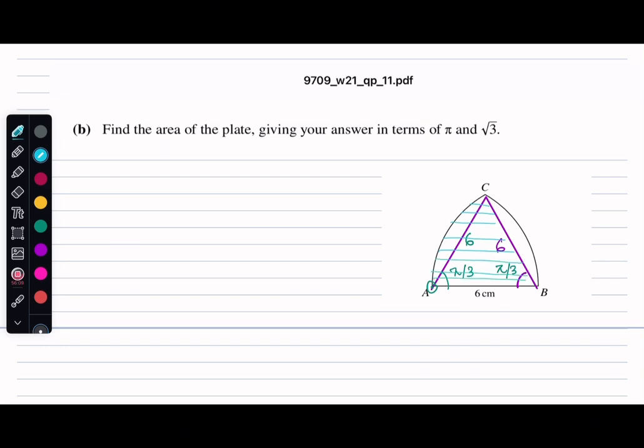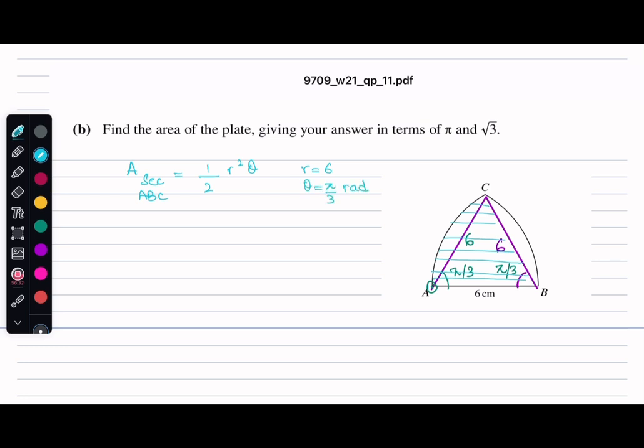So here I can very easily find out this area, and I can say that the area of the sector ABC shall be equal to half r square theta, where my radius is 6 centimeters, and we decided that the theta value here is going to be pi by 3 radians.